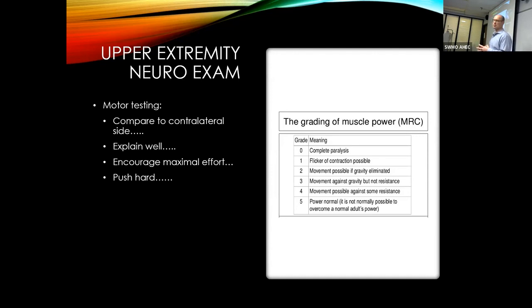And you want to be able to really perceive weakness, because the grading scale is 0 to 5. What's the difference between 0 and 1? Contraction. Is there any, or is there a little? Is there none, or is there some? And how I know is I feel the muscle.